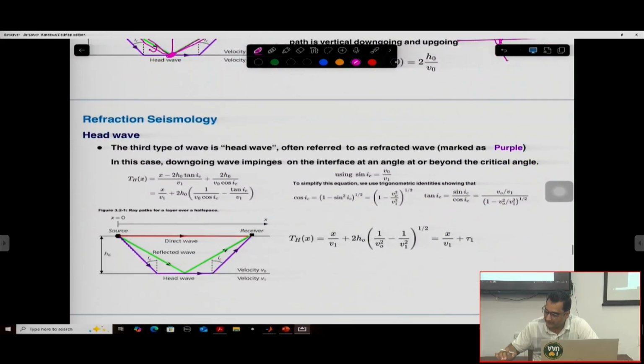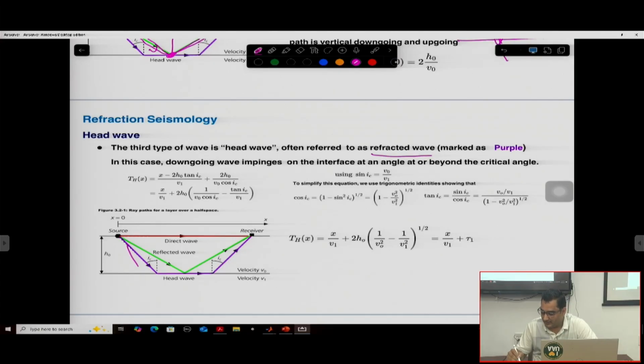Okay, now if we go further, for refraction seismology, if we talk about the total travel time of the head wave, often referred to as the refracted wave as well, that is marked in purple color. Okay. In this case, the downgoing wave impinges on the interface at an angle at or beyond the critical angle.